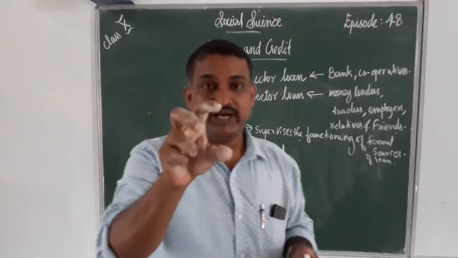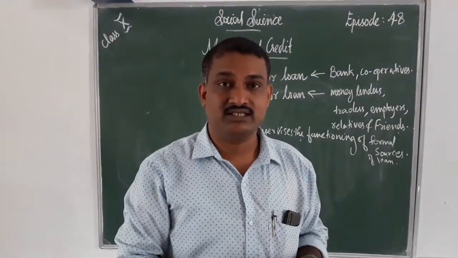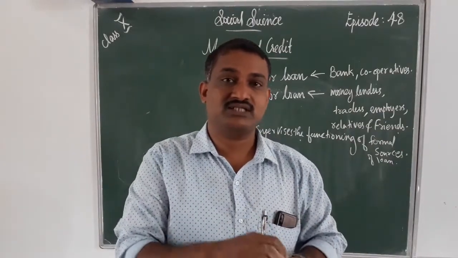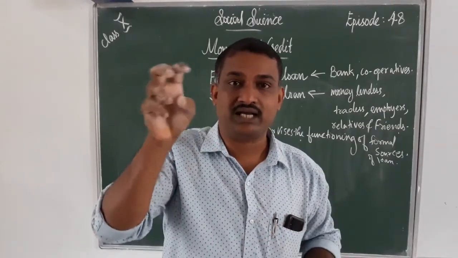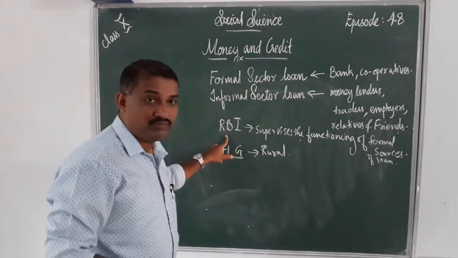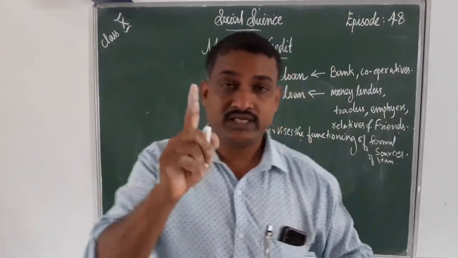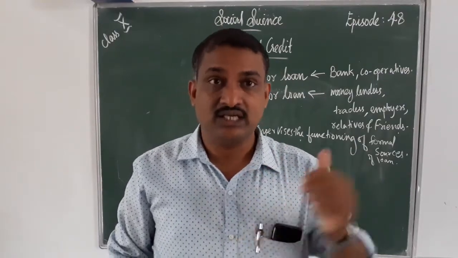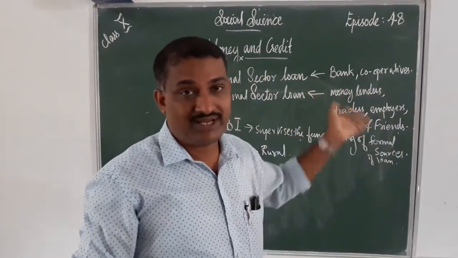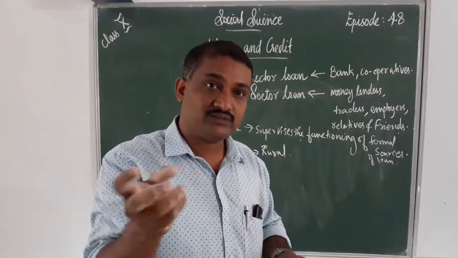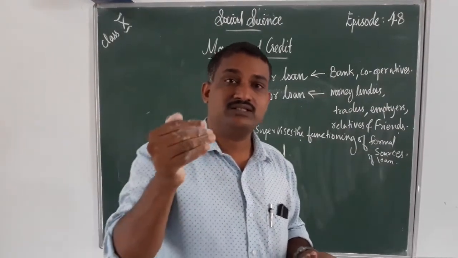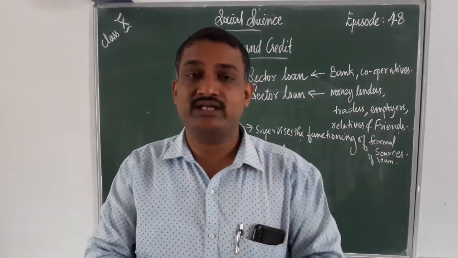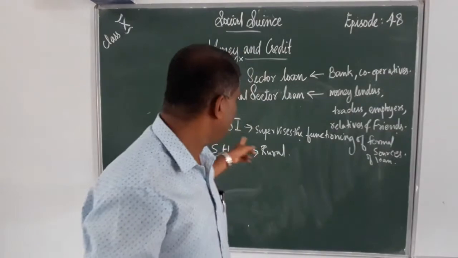You know that all these banks are registered banks, and they function as per the instructions of the RBI. RBI has certain norms and conditions, and all these commercial banks function as per the formalities laid down by the RBI.